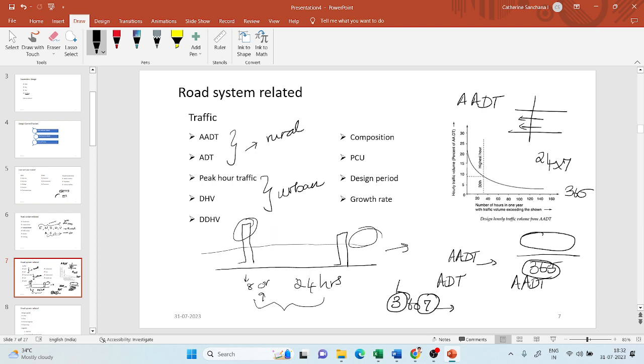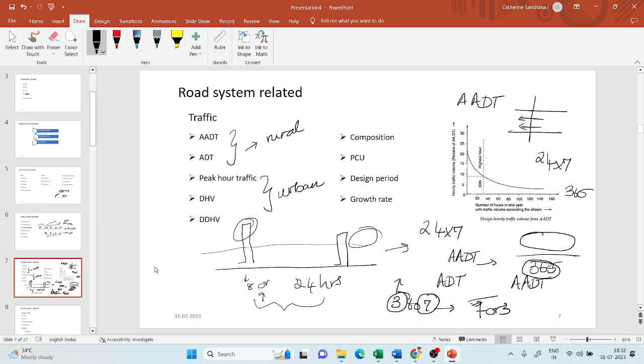And if you have no other go, you take the traffic count for 3 days continuously, 24 by 7. You take the traffic count with the class of vehicles. You should also classify them according to the type of vehicle, and also count the number of vehicles in each class, and you divide it by 3, sorry, not 365, by 7 or 3. So that you will call average daily traffic.